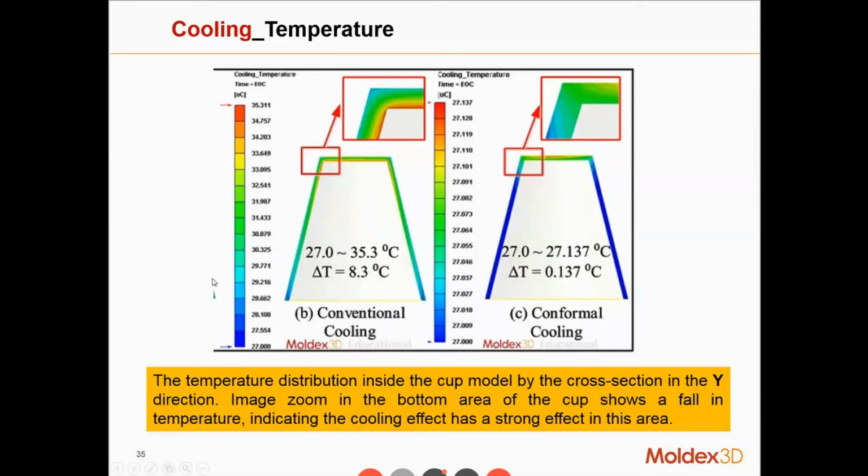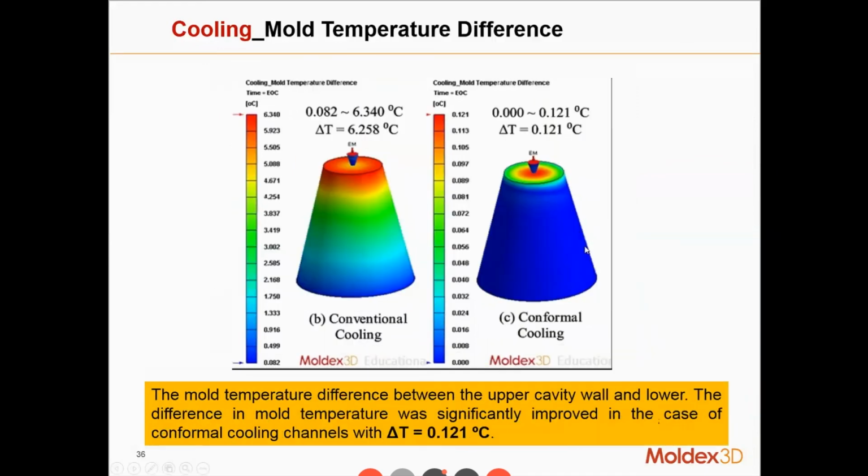When we take a closer look, because in the conventional cooling there is no layout inside the cup, the temperature rises from the bottom to the very top, because at the top we have set a gate to pour the melt into the hollow space between the upper mold and lower mold.